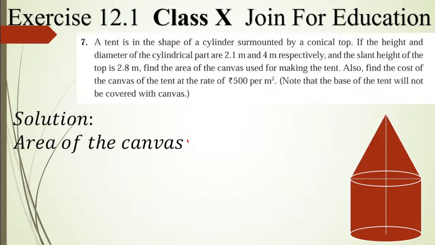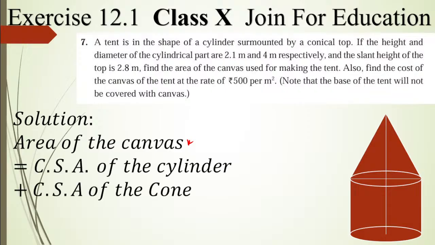Area of the canvas equals CSA of the cylinder plus CSA of the cone. Is there any problem to understand up to this step? And we recall the formula: CSA of the cylinder equals 2πrh, and CSA of the cone equals πrl.